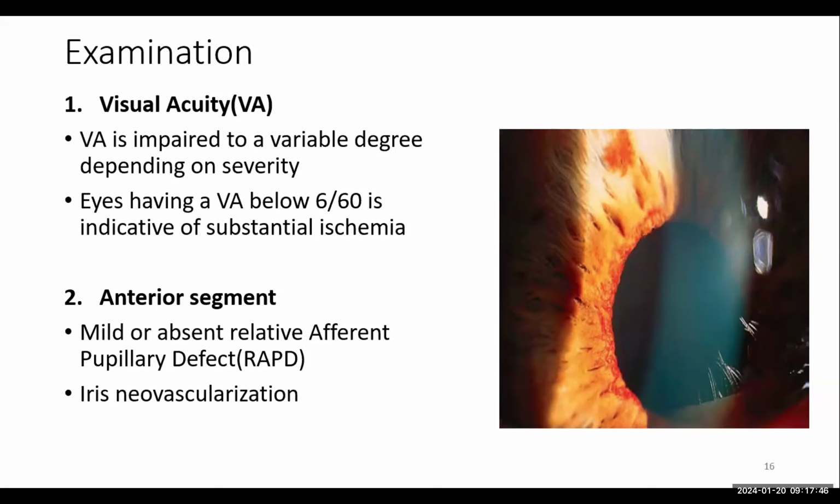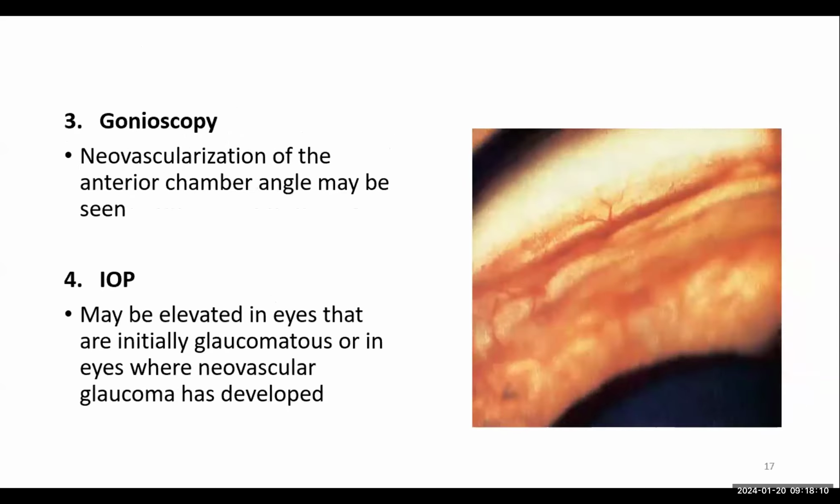If you have a visual acuity less than 6/60, it usually indicates the ischemic type of retinal vein occlusion. In the anterior segment, you might have a mild or even absent pupillary defect. Iris neovascularization may or may not be there, unlike the ischemic type where it is more common. On gonioscopy, neovascularization of the anterior chamber angle may be seen.